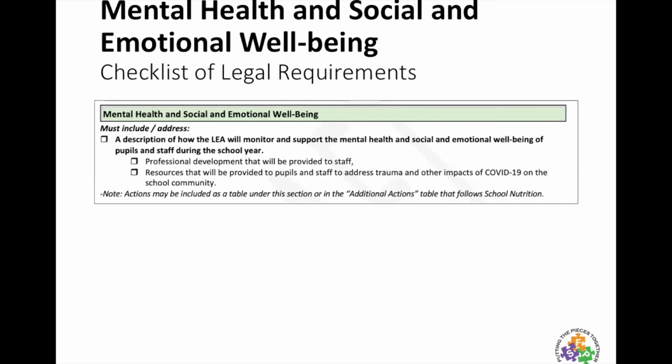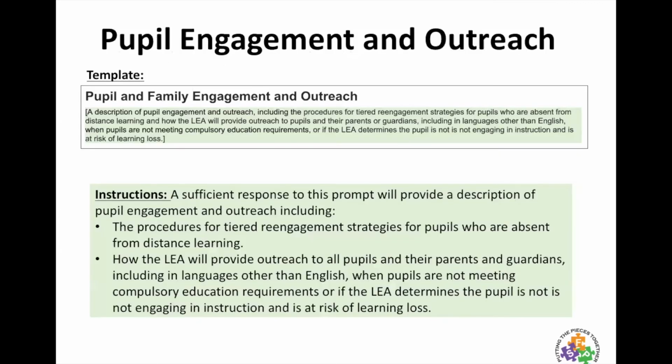Next, LEAs must describe the professional development that will be provided to staff to address trauma and other impacts of COVID-19. LEAs must also include a description of the resources that will be provided to staff and students to address trauma and other impacts of COVID-19 on the school community. Next slide, please.